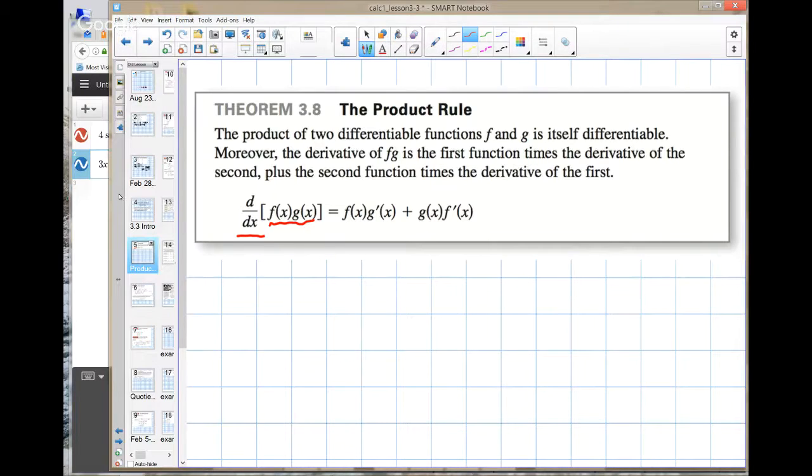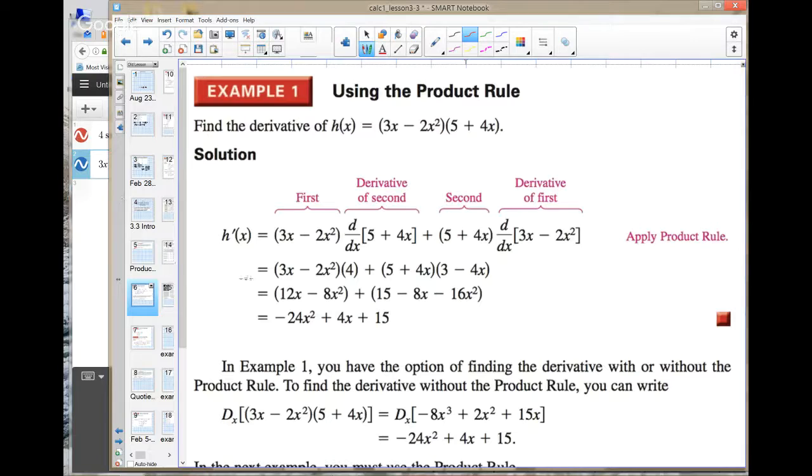All right, let's look at an example here. They have this nice example in the book. You see up on the top here, we've got two functions. Now, by the way, just let me say this right up front. Could we multiply these two? Yes, we could.